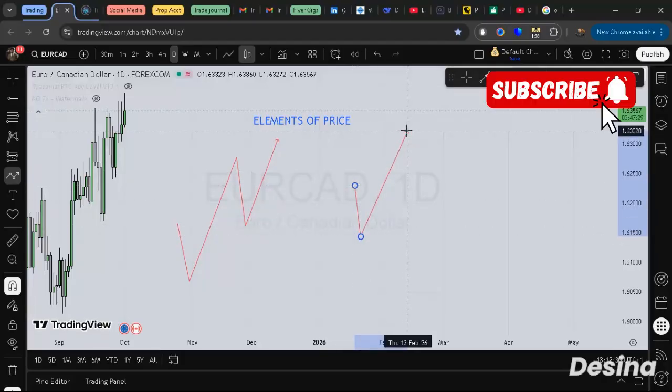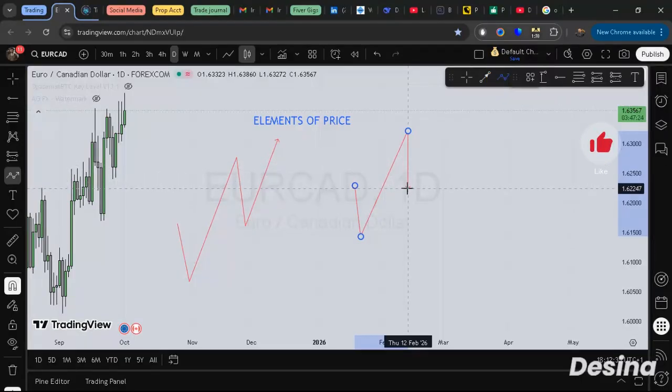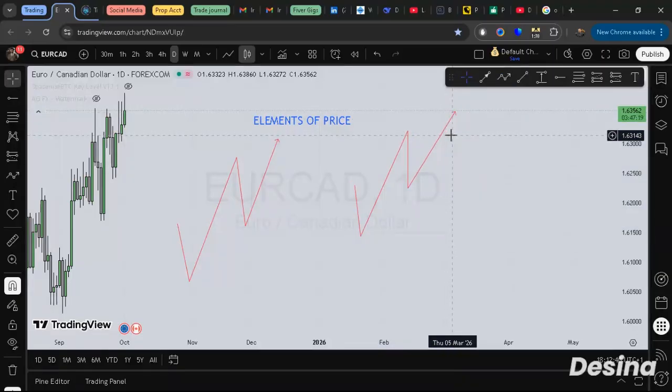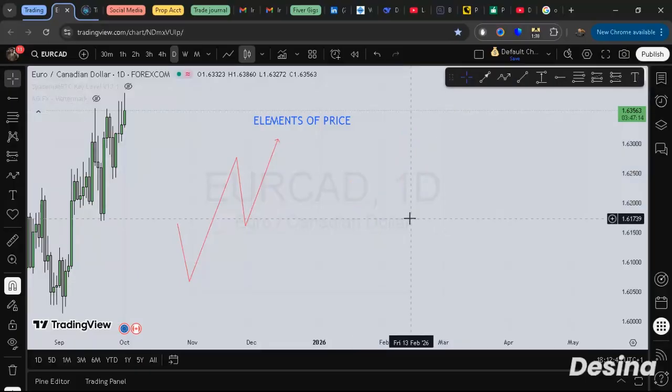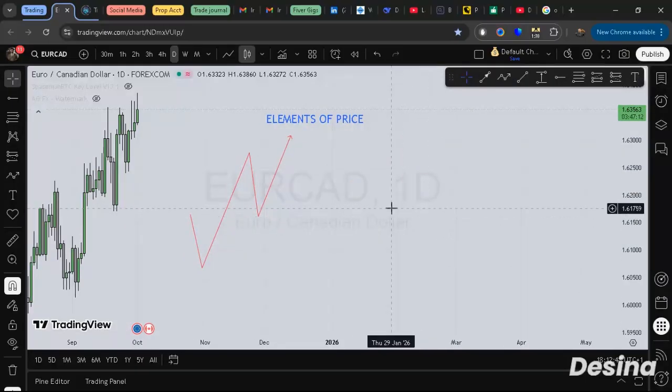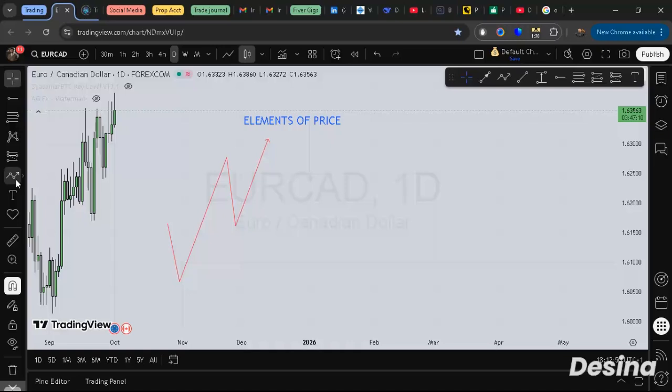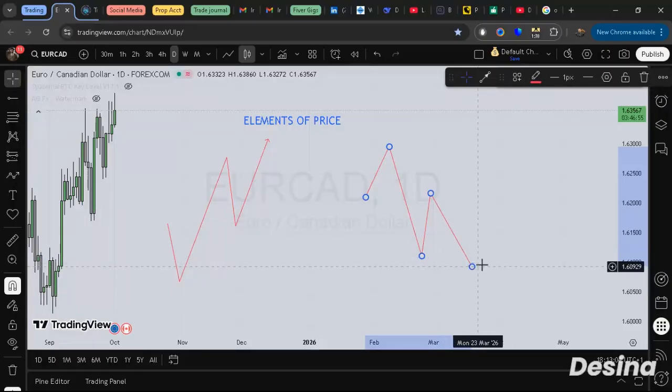Then it retraces back, meaning price just did a comeback a bit, then continued in the intended direction. So that's what retracement is all about. Price pushed up, but just retraced back to fill in some things and continue in the same direction of the expansion. In the bearish scenario of retracement, we have an expansion here, and price did a retrace back, then continued in the intended direction.